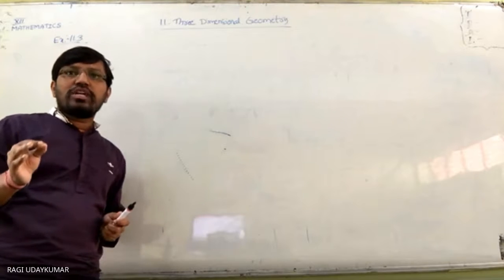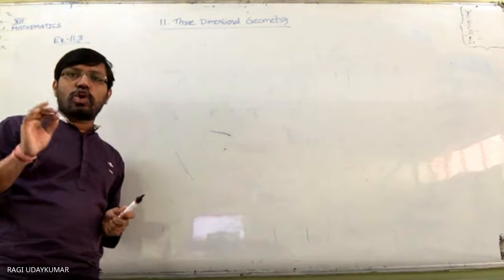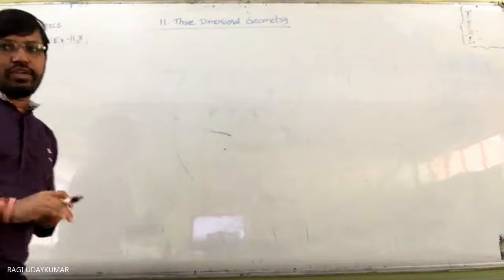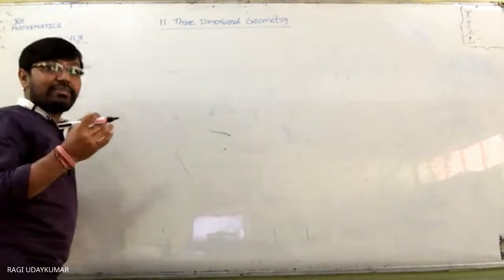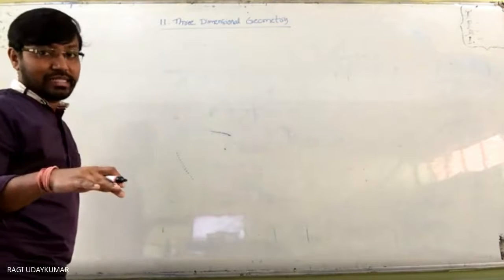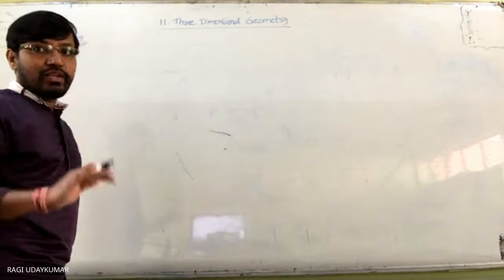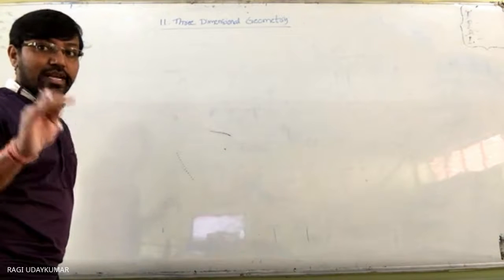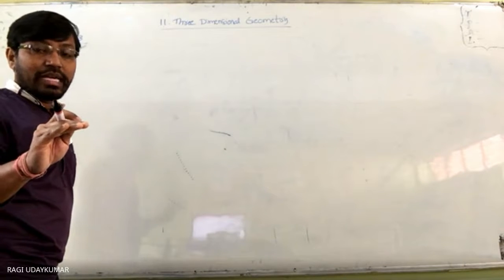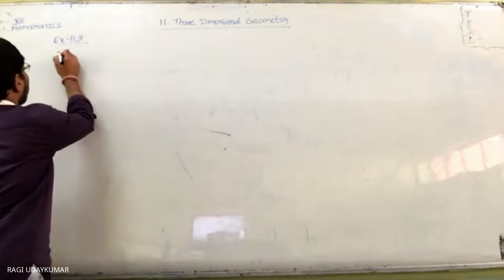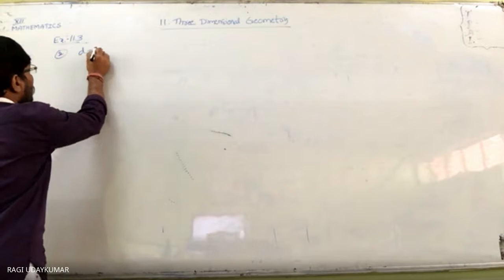And the normal vector is given to you. The normal vector may be a unit vector, may not be. If it is a unit vector, you can directly take r bar and n bar. But if it is not a unit vector, n bar is given. Here d, the distance, is 7.